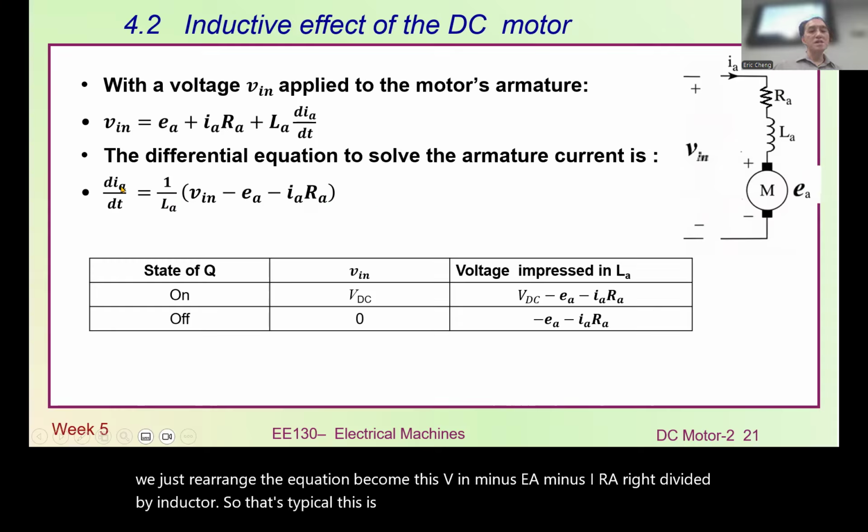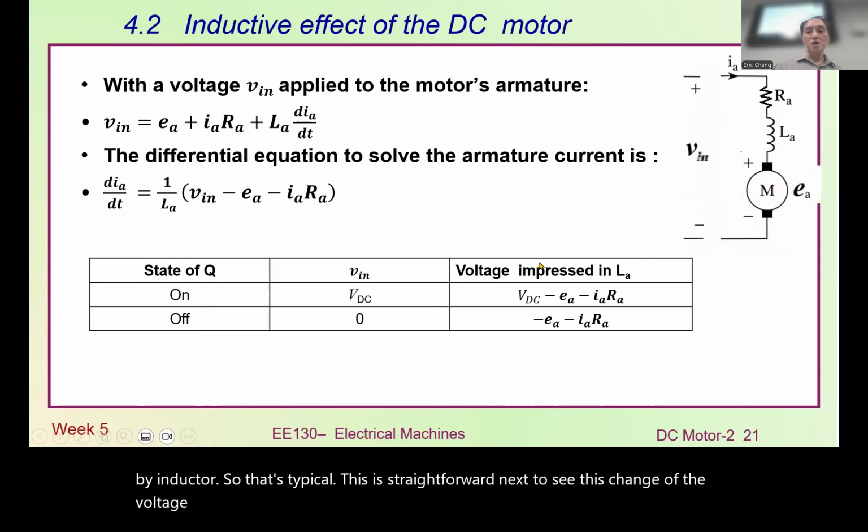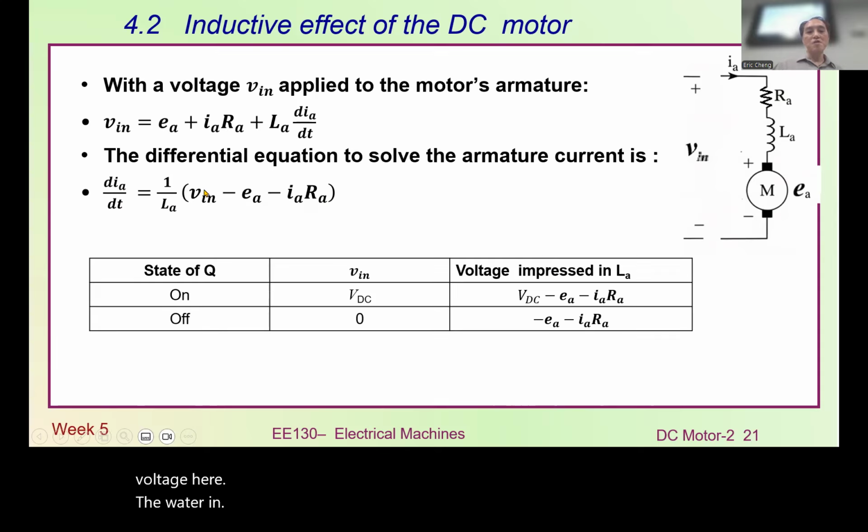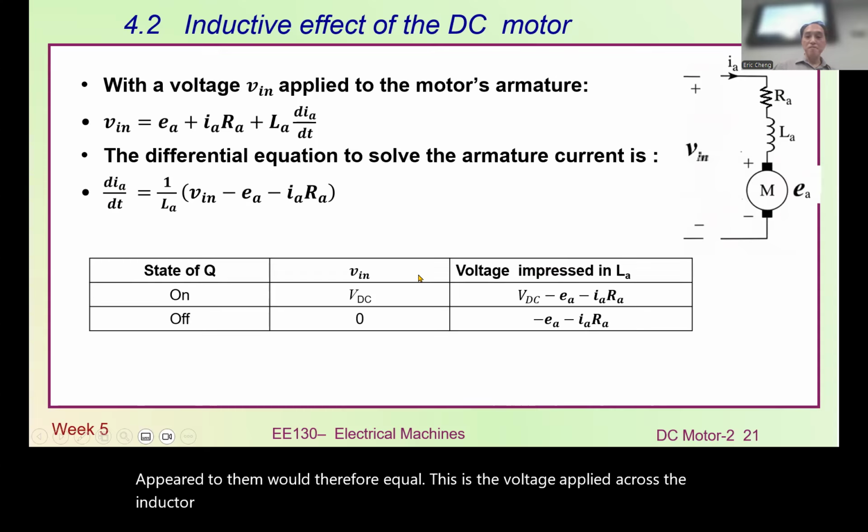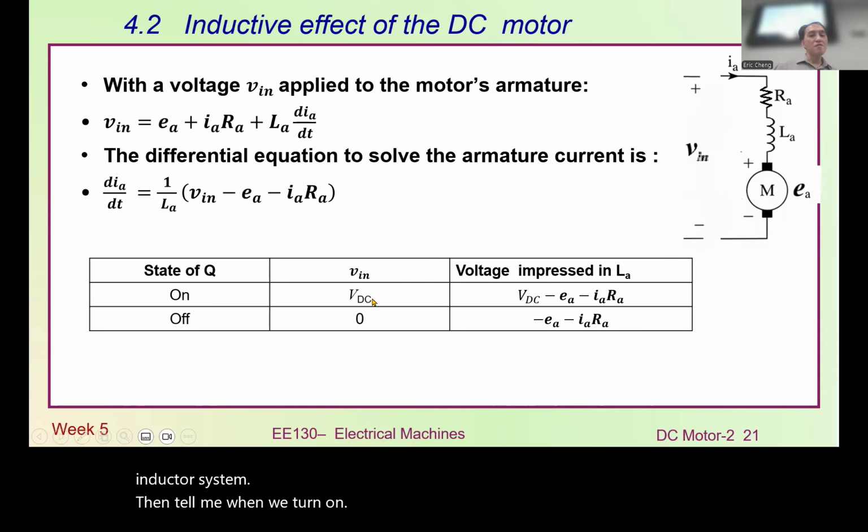Next, to see this change of the voltage here, this is the voltage applied across the inductor system. When we turn on, we have the VDC voltage, the source voltage.